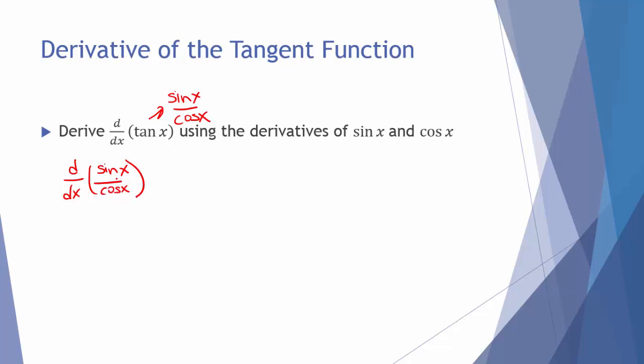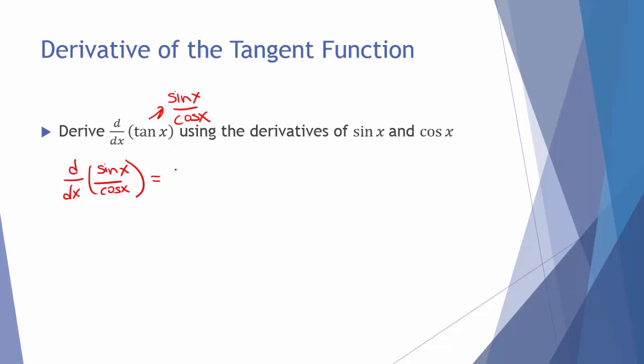Now that we know the derivatives of sine x and cosine x, we can just use our differentiation formulas to find the derivative of tan x. So what rule are we going to have to apply to this function? Well, we're going to have to use the quotient rule.